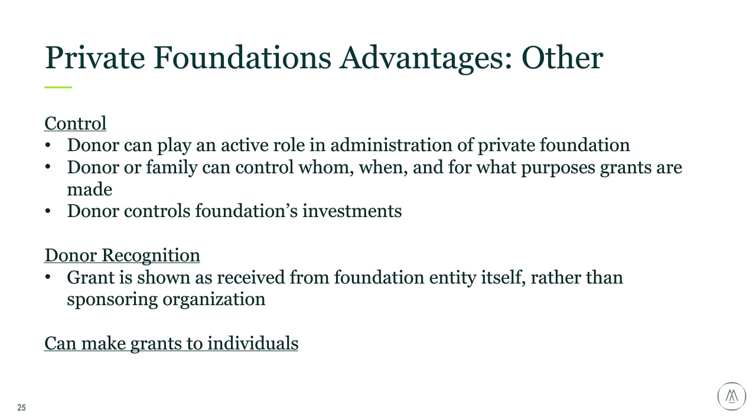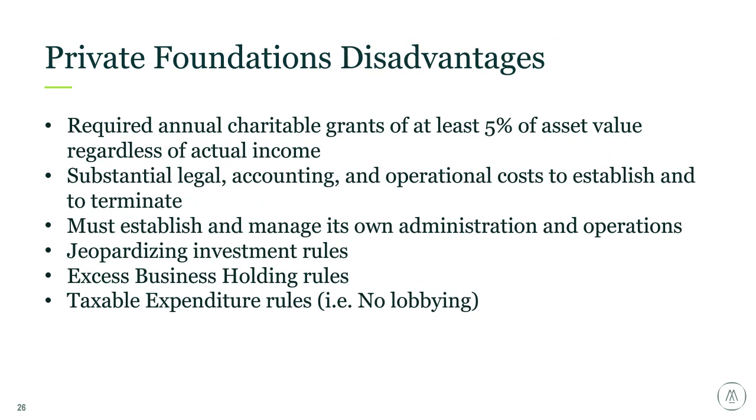Some of the disadvantages: they are required to make charitable grants of at least 5% of their net asset value, regardless of whether or not there's any income. So you have to distribute 5% of your net investment assets, with an allowance that you're allowed to hold back for charitable purposes. This rule was created to prevent the foundation from receiving assets and never actually distributing them.